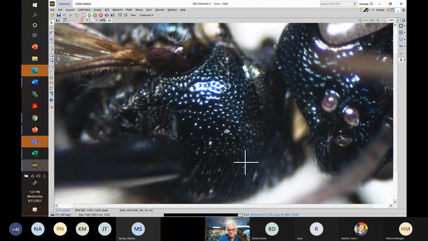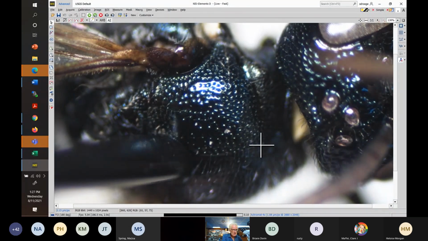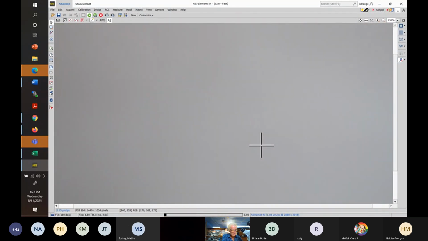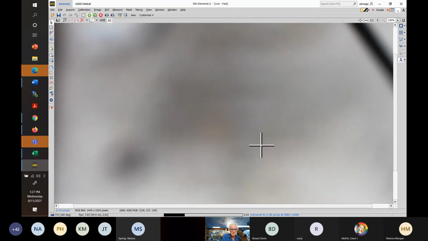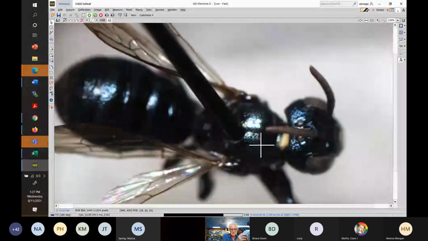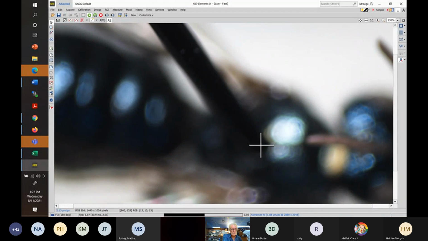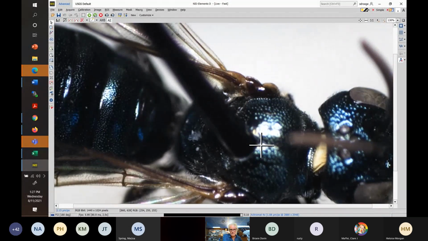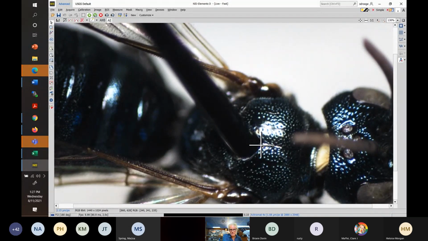We're trying to see the pitting pattern again, similar to the others.